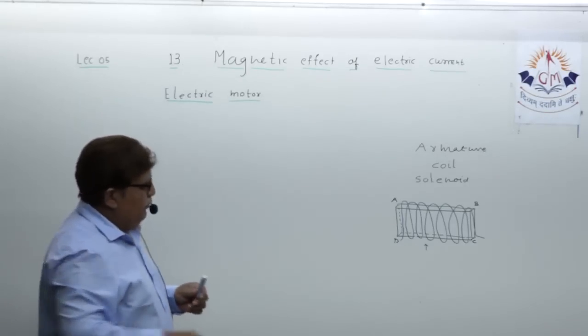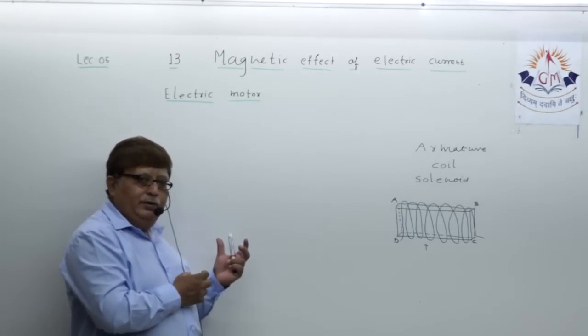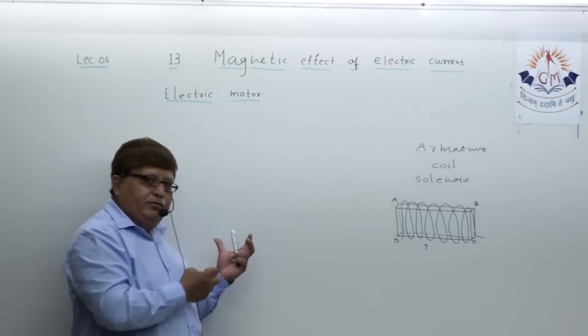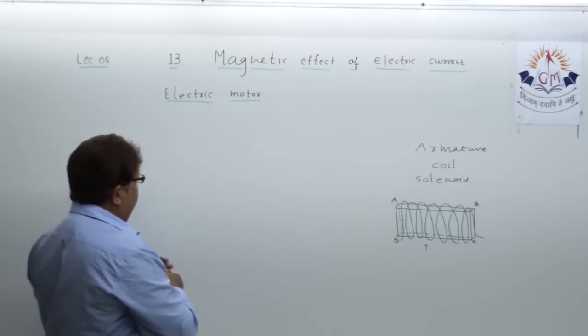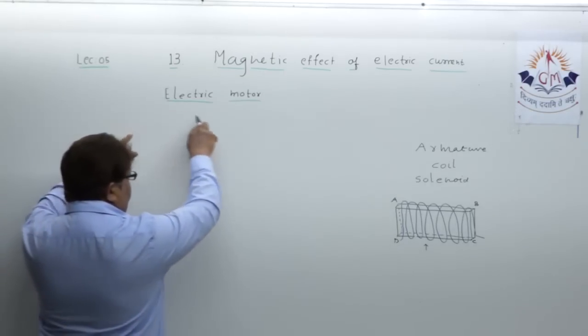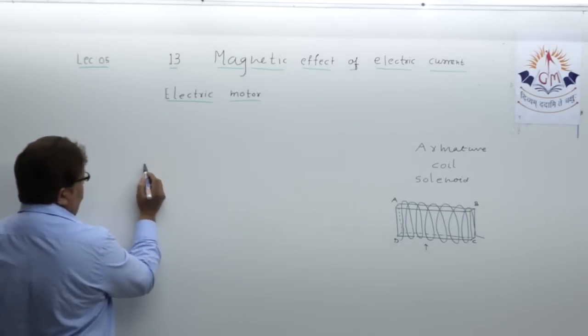Okay, suppose, my dear students, as it is given in the textbook, a three-dimensional type of diagram. Let us try to draw that. Actually the horseshoe magnet is shown this way, we are seeing it from the front.